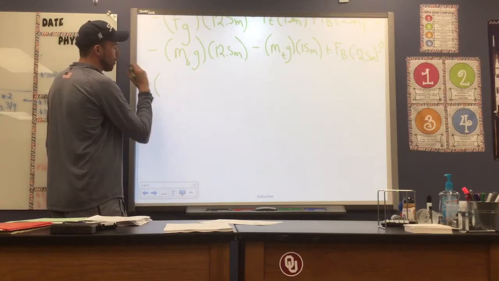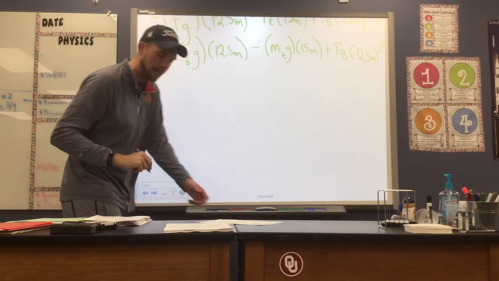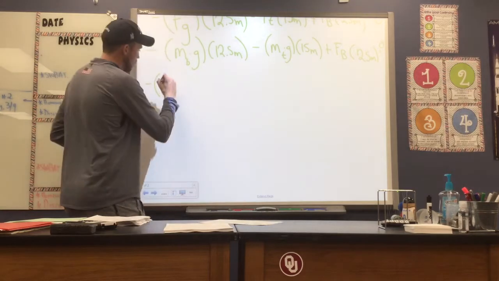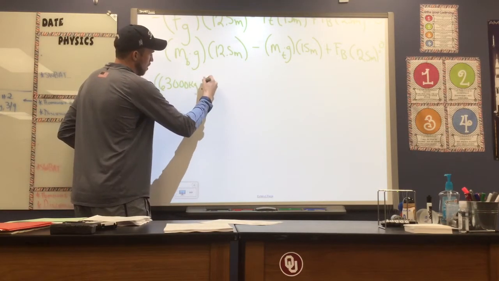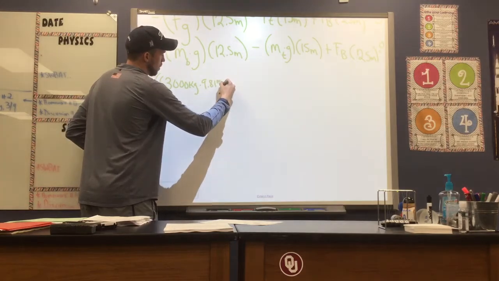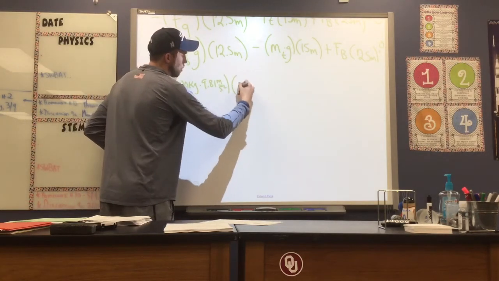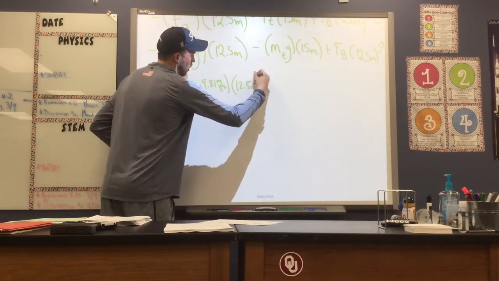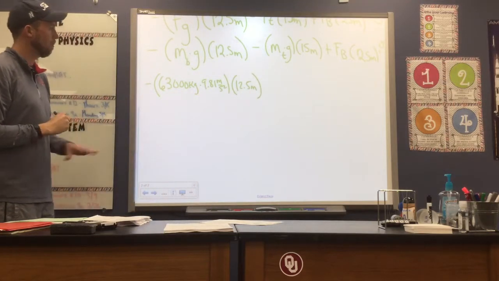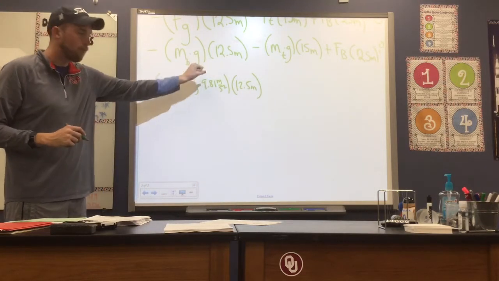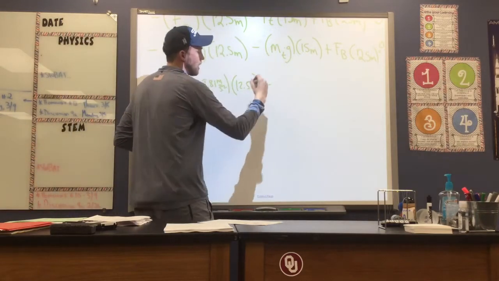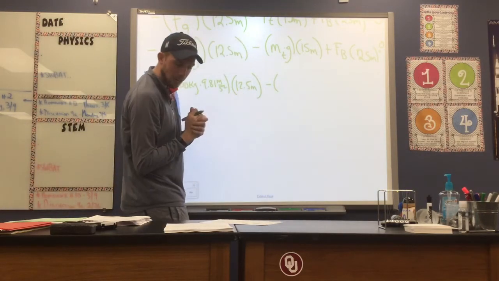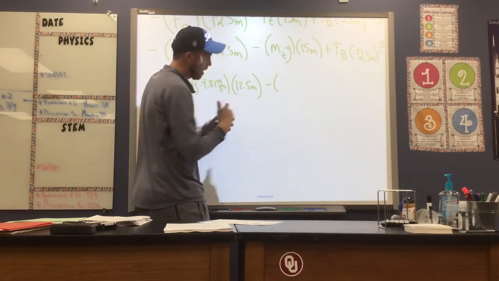So, let's plug in what we know. Negative, well, our mass for the bridge was, I believe, 63,000 kilograms times 9.81 meters per second squared, and we'll multiply by 12.5 meters. Okay? Mass times gravity is our force, times distance, minus, well, a mass of our truck was, I believe, 38,000 kilograms.